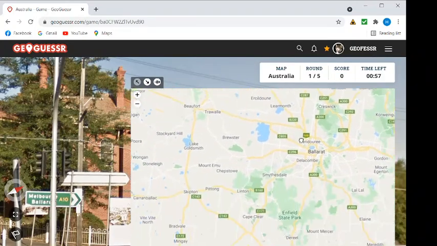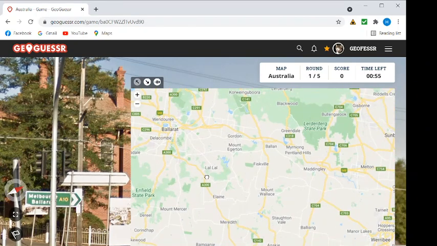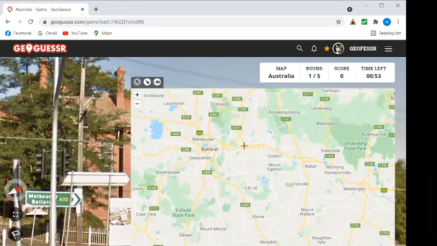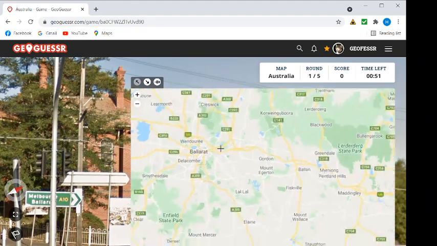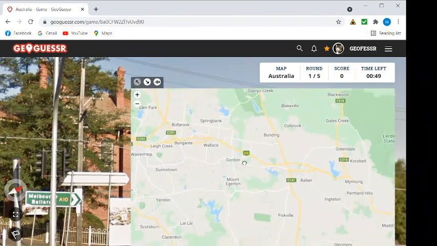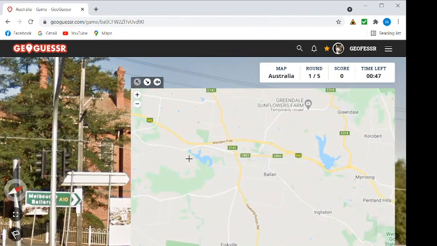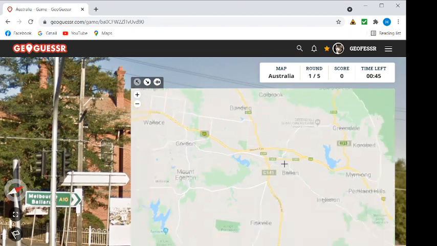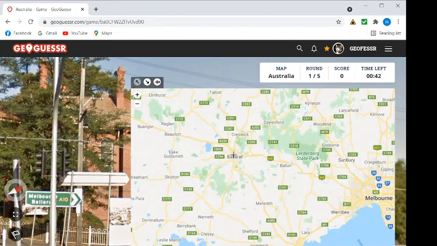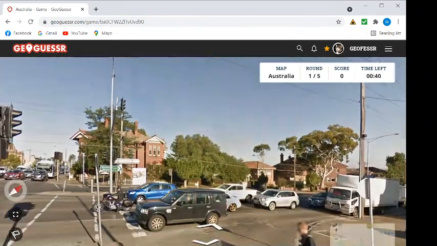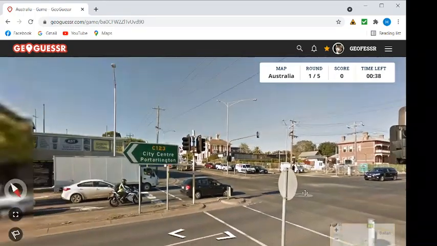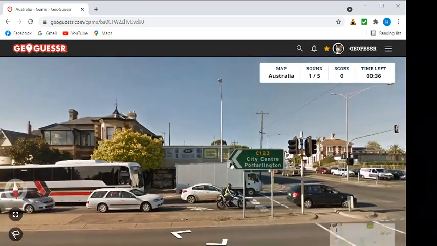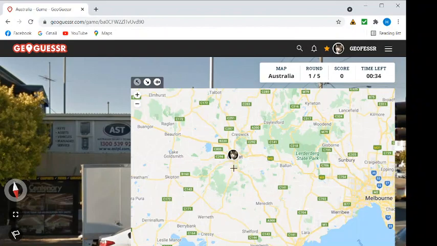Let's see, is Colac near it? No. Let's see, there's M8. I'm not seeing A10. City Center, Port Arlington.